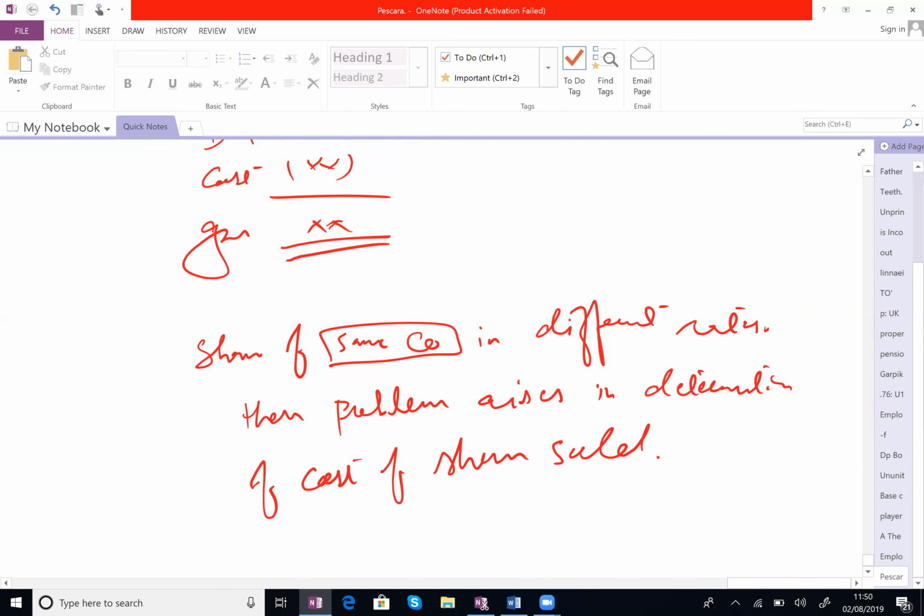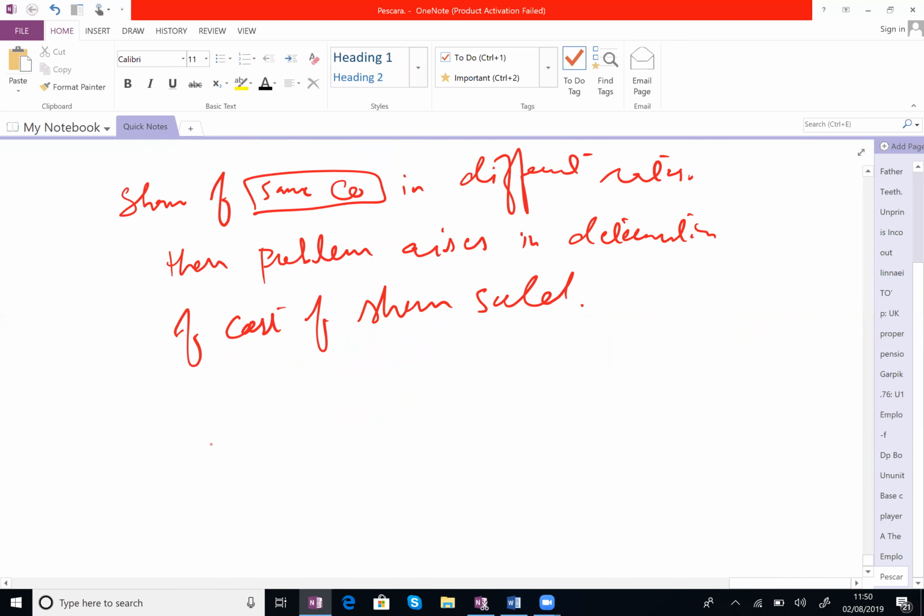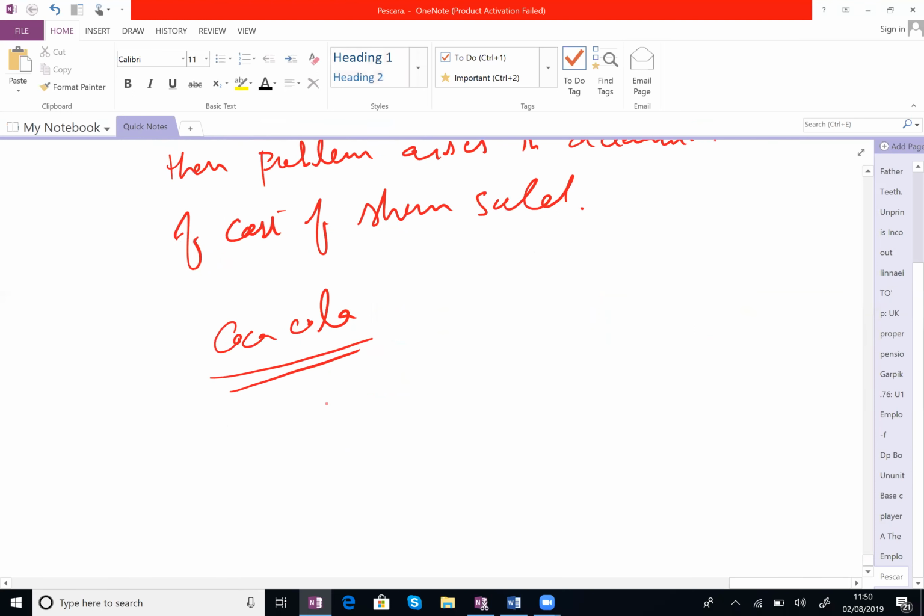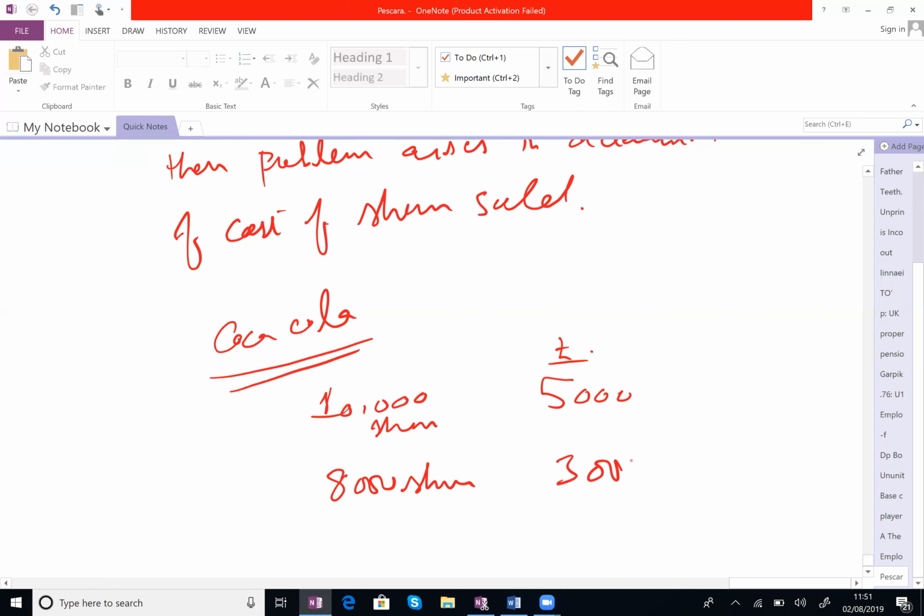For example, Coca-Cola company. Today you are purchasing 10,000 shares of Coca-Cola company for £5,000. After some time, you again purchase 8,000 shares of Coca-Cola company for £3,000.